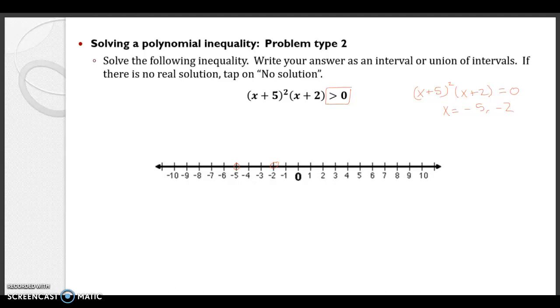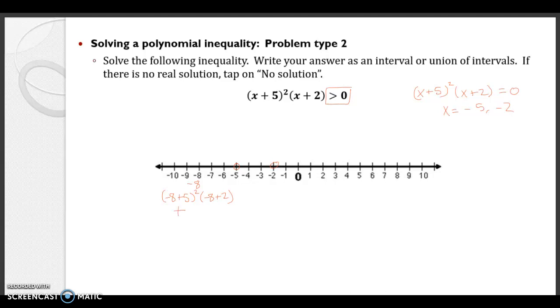So now, in between each of these intervals, I need to test some points. The points I test are going to be separated by my two points, -5 and -2. So let's go ahead and test the x value -8. If I plug in -8 for x, -8 plus 5 squared is -3 squared, but that's always going to be positive because it's a squared term.